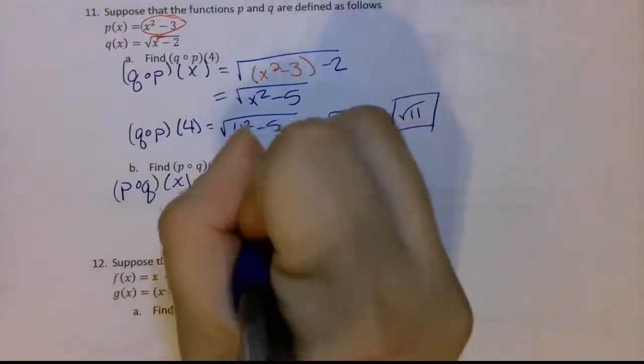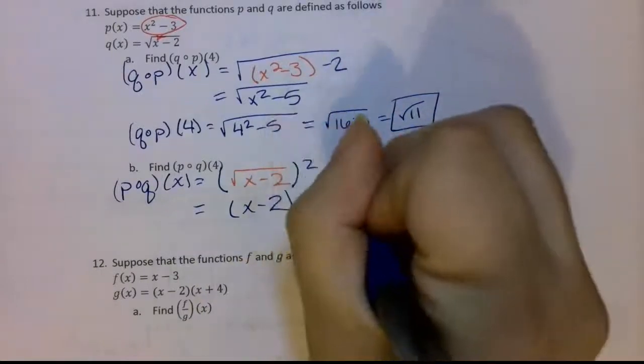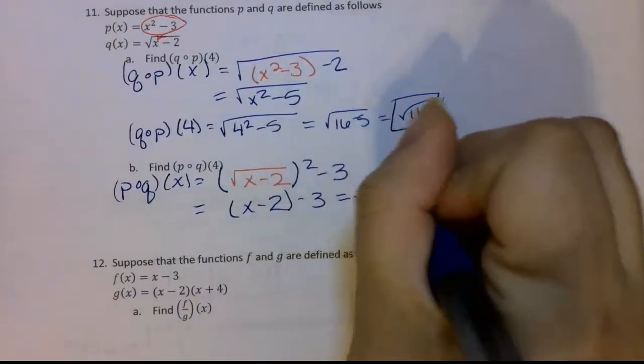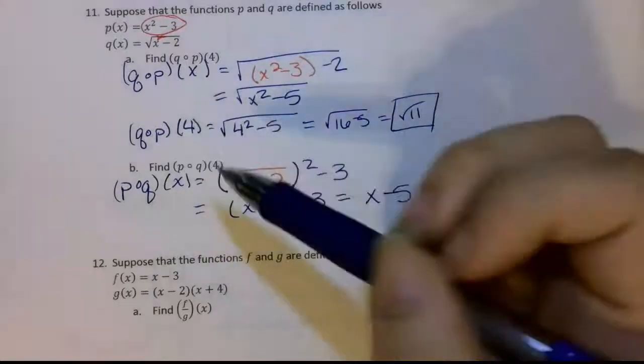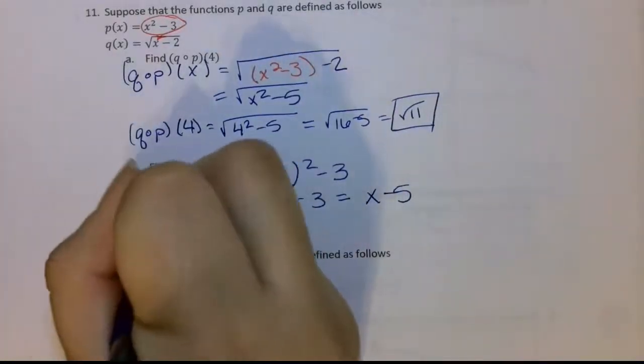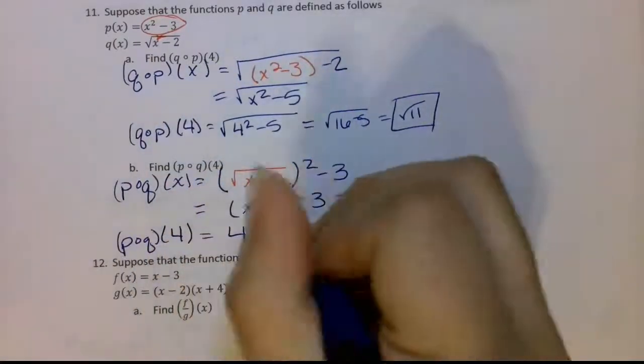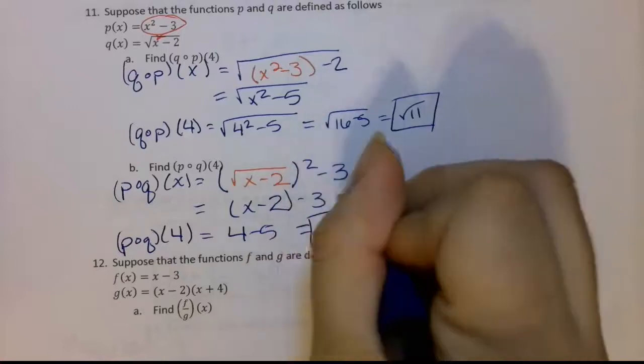So I'm left with x minus 2 minus 3, which simplifies to x minus 5. Then I want to plug in 4. 4 minus 5 is negative 1.